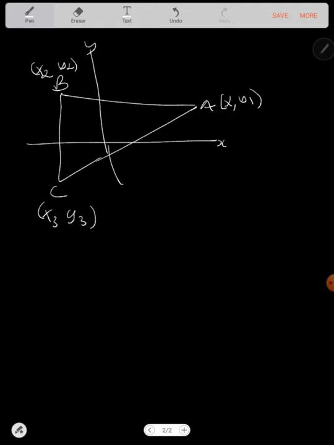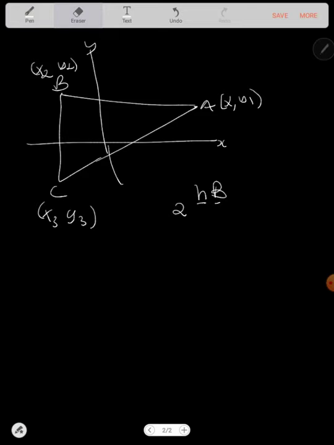So how can you find the area of this triangle? Now we know that the area of the triangle is equal to half base times height, in a right angle triangle, and we are treating this as a right angle triangle. We need to find these height and base distances, which are accompanied by these coordinates.